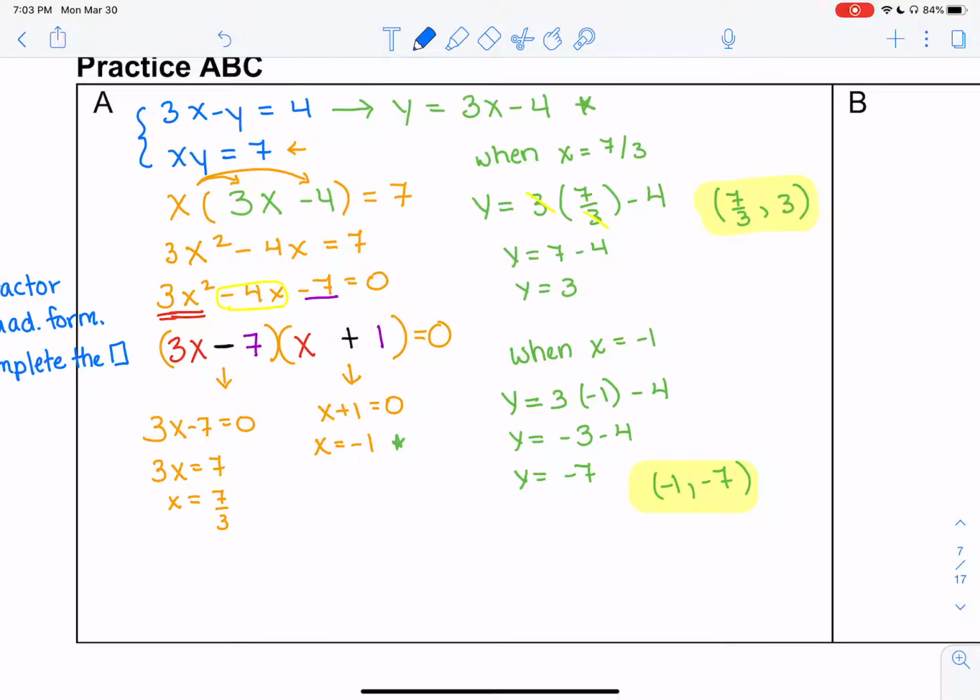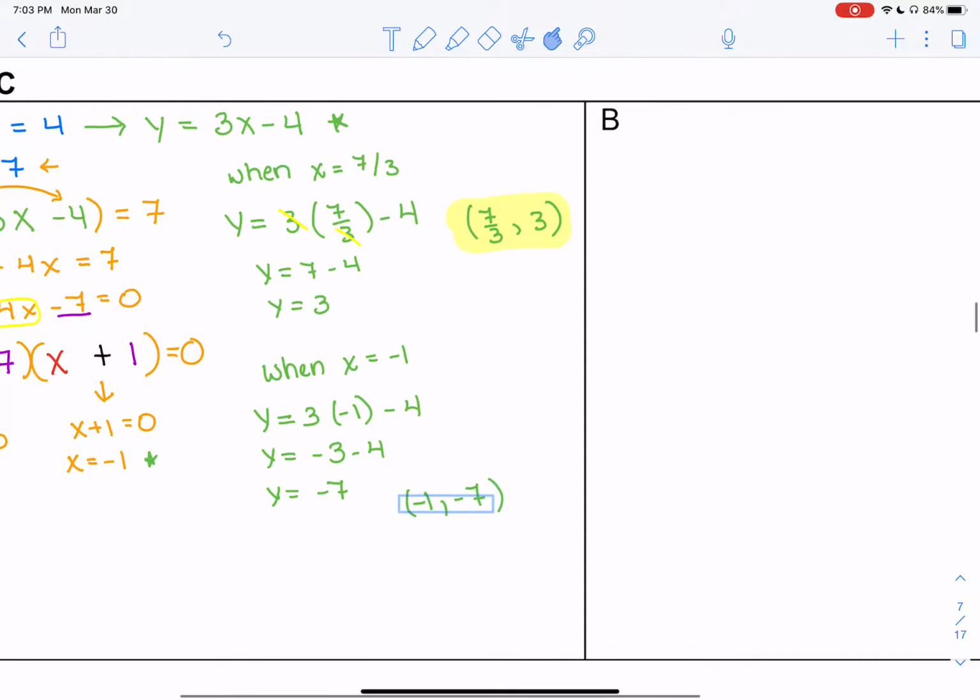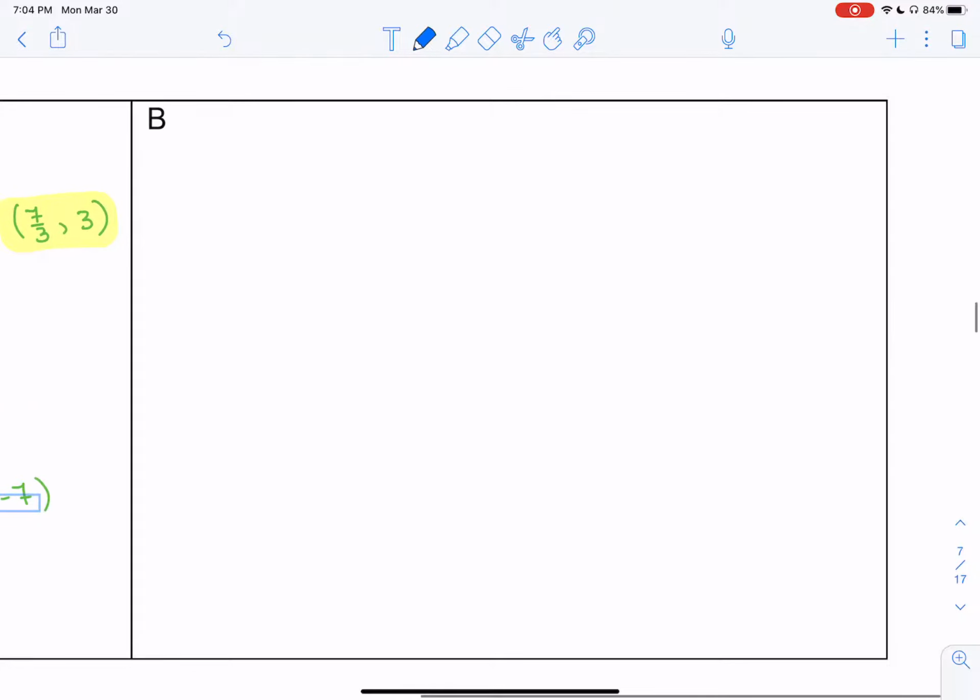Going to question B. Okay. We have a little bit scarier system of equations. Starts off with x squared plus y squared equals 10, and then 3x squared minus y squared equals -2.